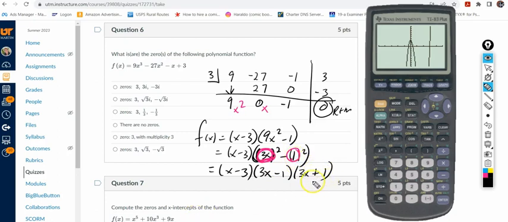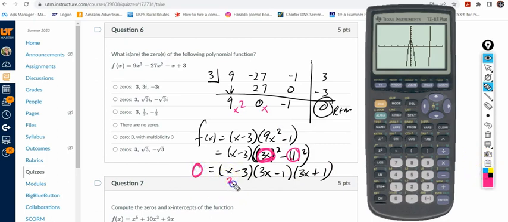Okay, so that should work. If I FOIL that, I'll get 9x squared plus 3x minus 3x, so they cancel, and then minus 1. Okay, and now we can see what the zeros are.